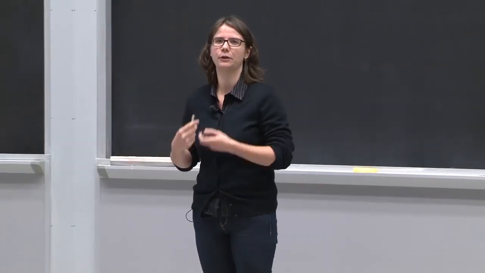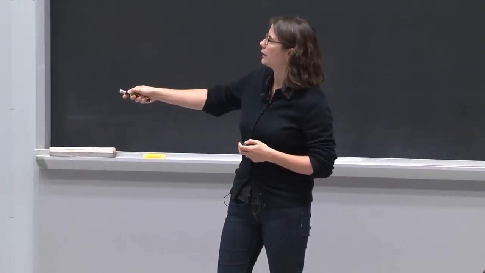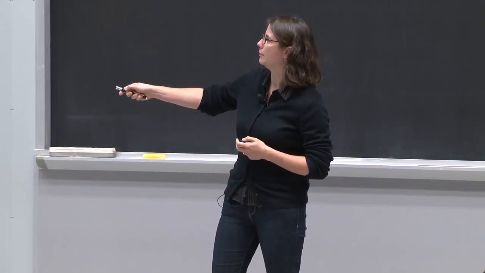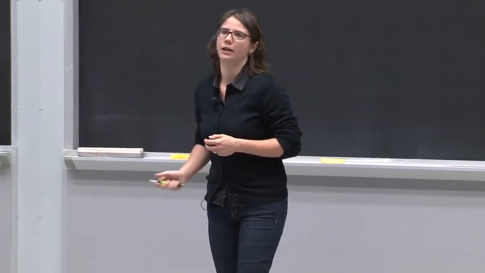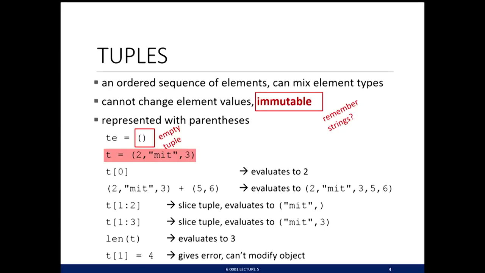So it's of length 0, there's nothing in it. You can create a tuple that contains some elements by separating each element with a comma. So in this case, this is a tuple that can be accessed with a variable t that contains 3 elements. The first is an integer, the second is a string, and the third is another integer.